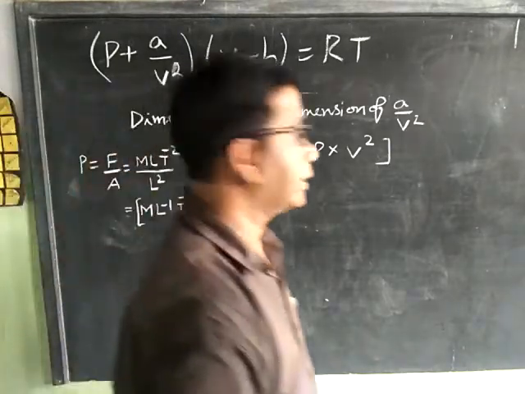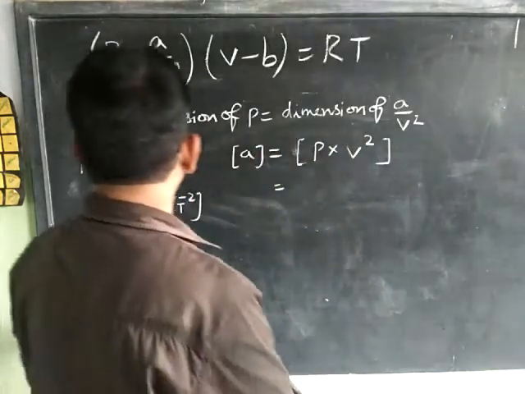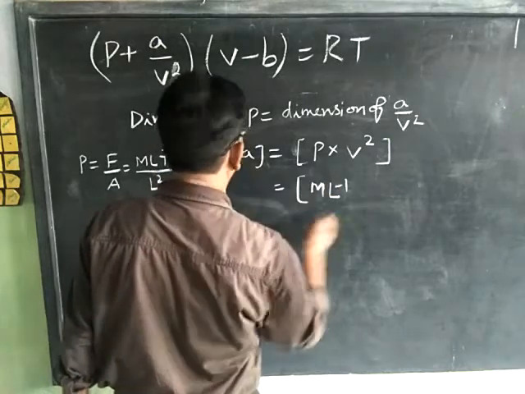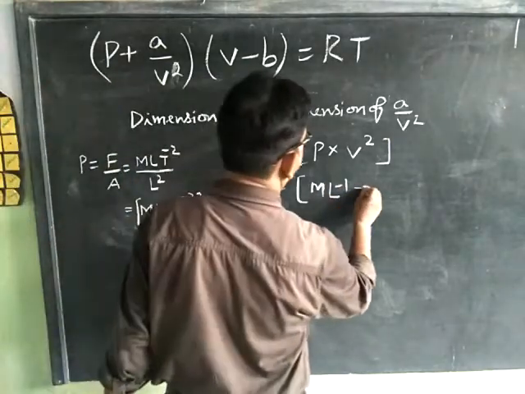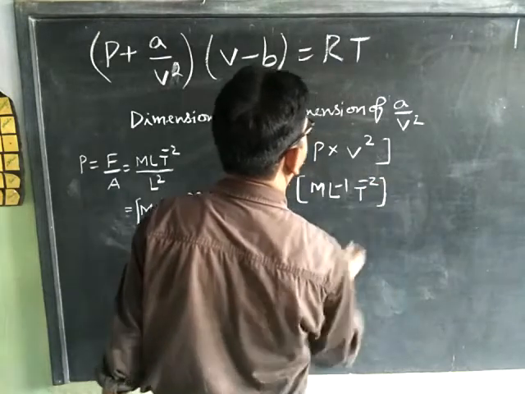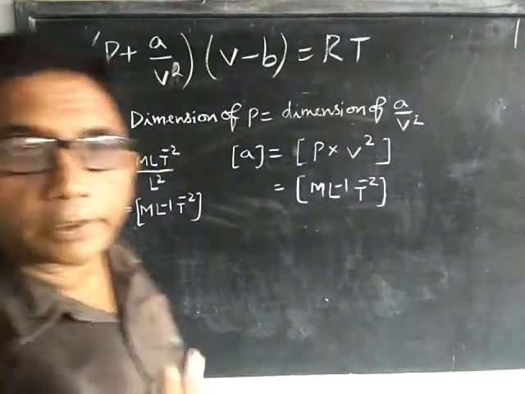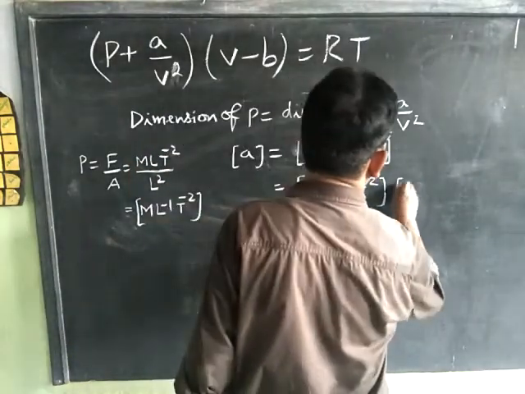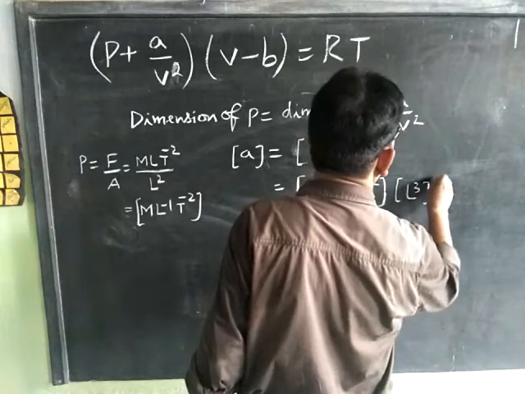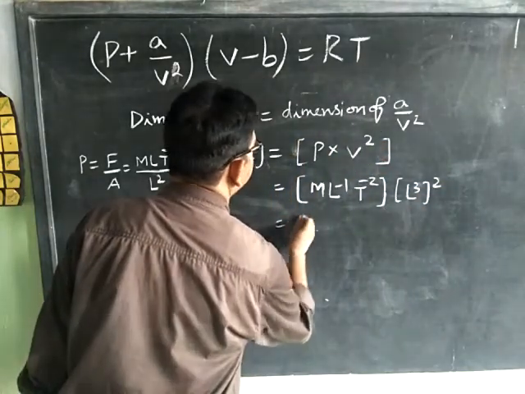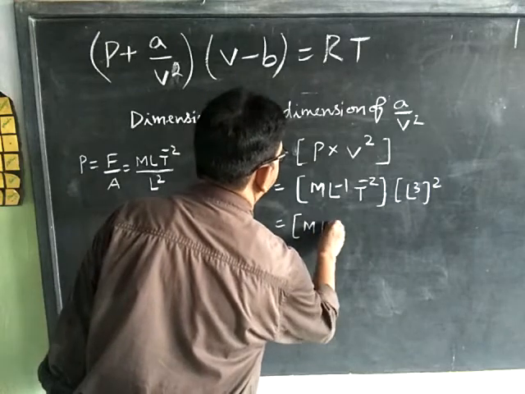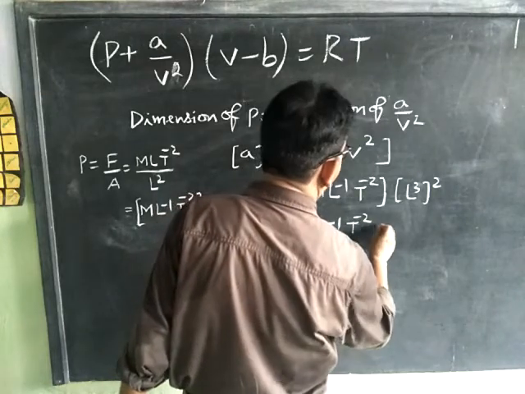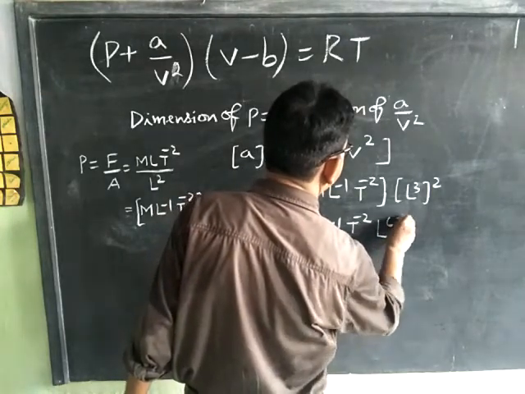Dimension of volume is length into breadth into height, that is L cube, so V square becomes L power 6. Then we get M L power minus 1 T power minus 2 into L power 6.